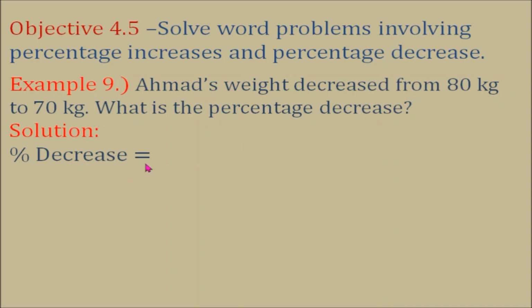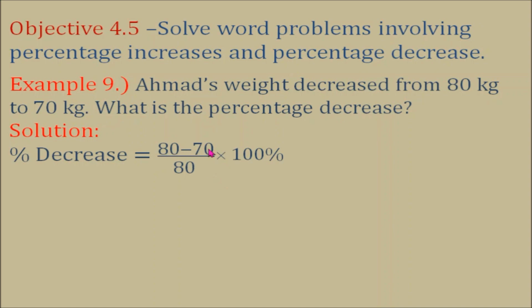Percent decrease equals 80 minus 70 over 80 times 100%. So notice here for our numerator, it's always the greater number minus the smaller number. And since the question is what is the percentage decrease, our denominator is the bigger of the two numbers.